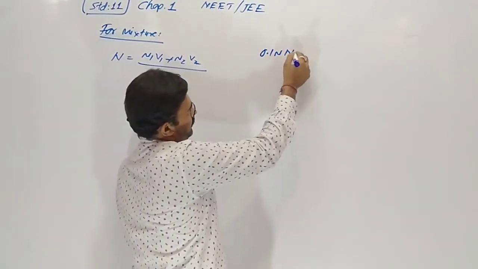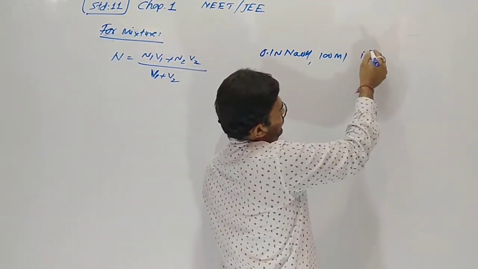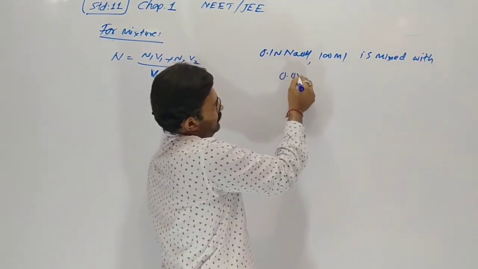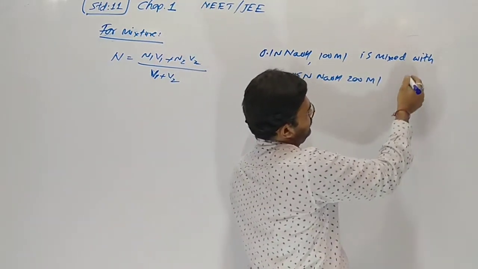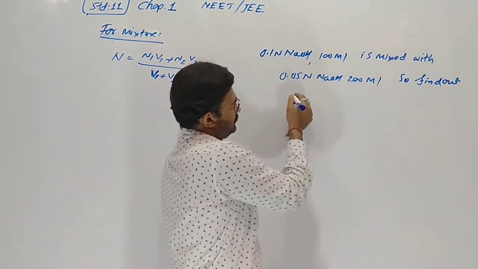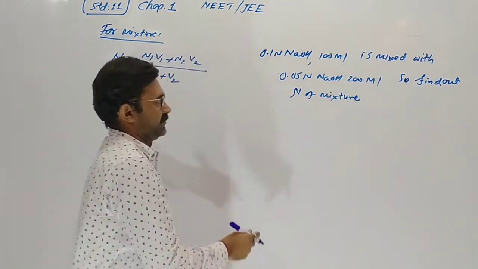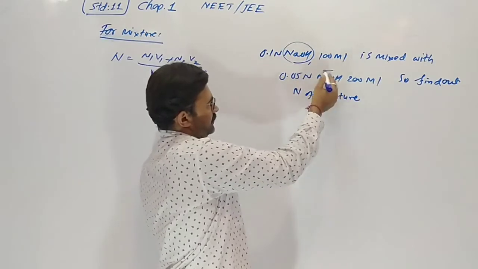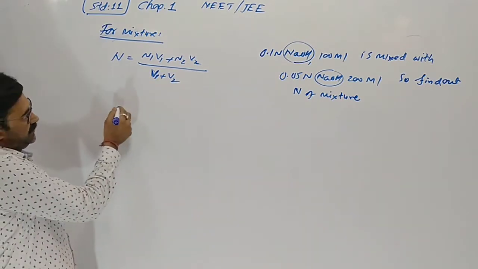Say 0.1 normal NaOH, 100 ml, is mixed with 0.05 normal NaOH of 200 ml. Find out the normality of the mixture. Here, for using this formula, store in your mind, both compounds should be the same. Otherwise, it is not applicable.